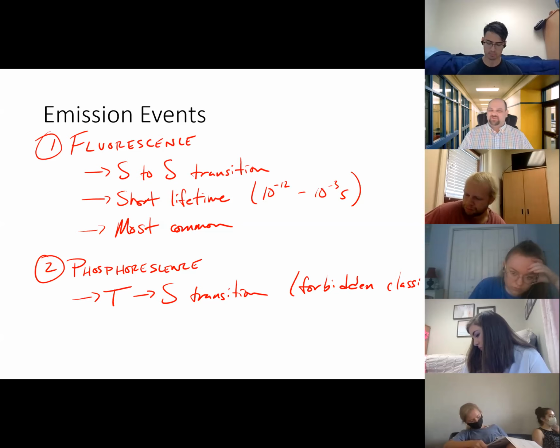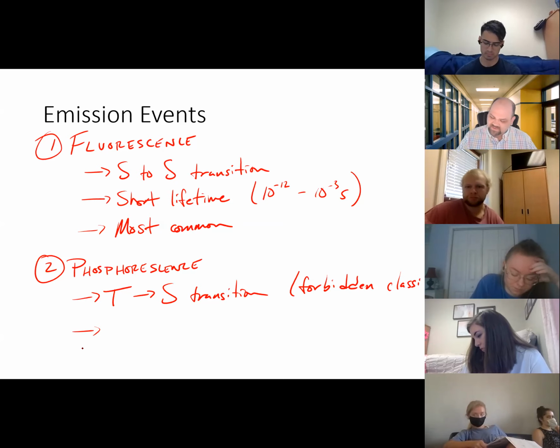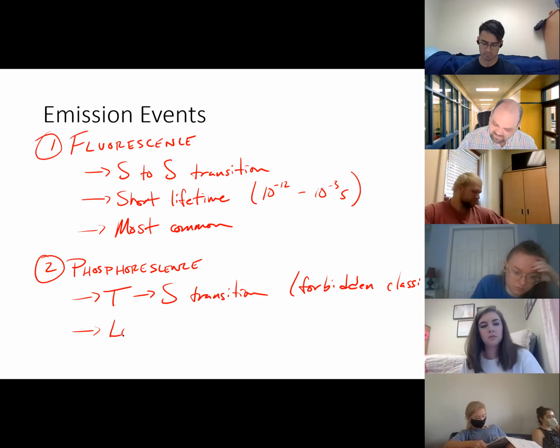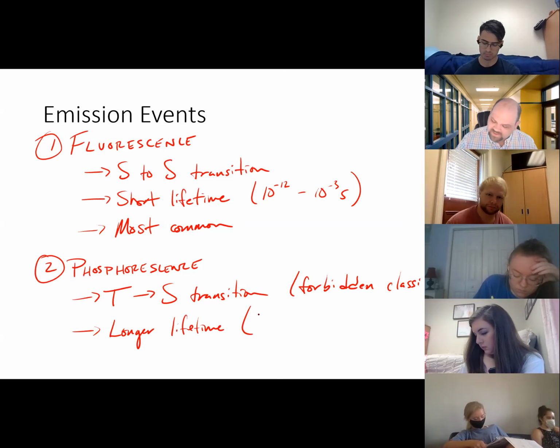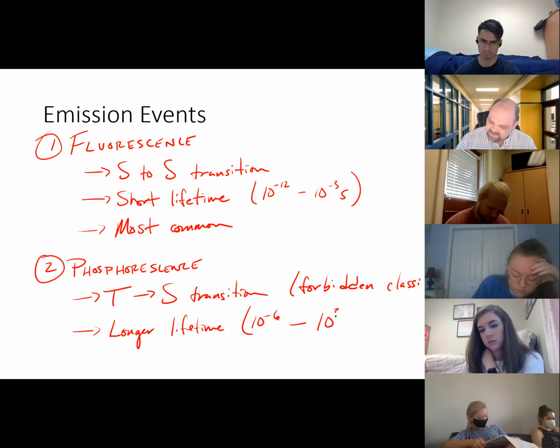Spin flips in general are a forbidden thing. And so because of that, this takes a much longer time, right? And so 10 to the negative 6 all the way up to 10 to the positive third seconds, right? These can take a really long time between events.